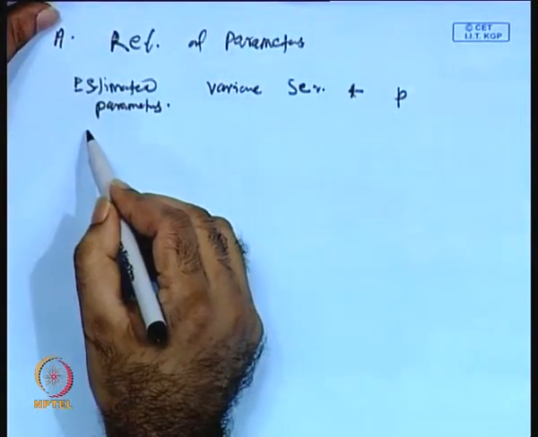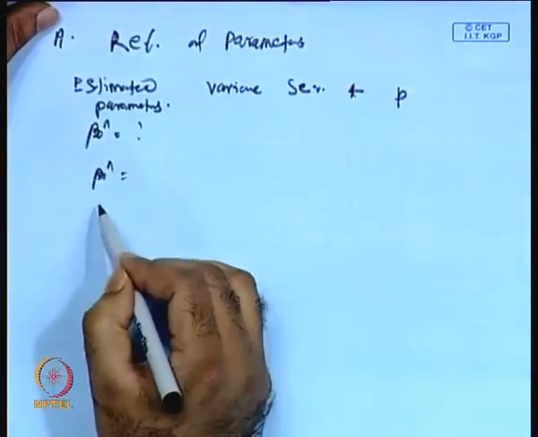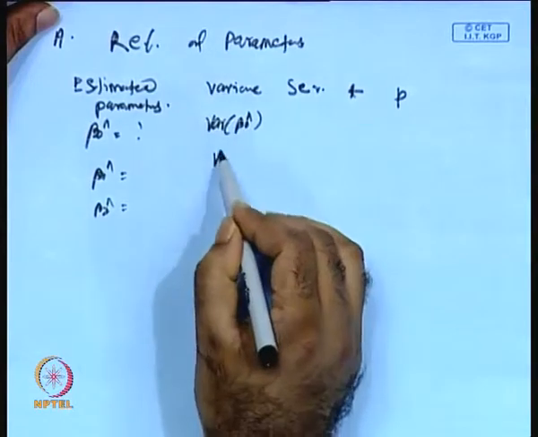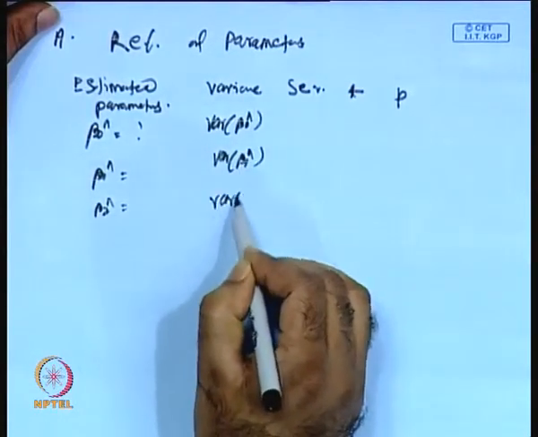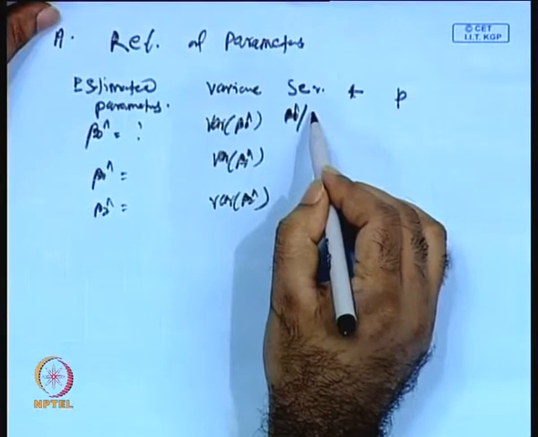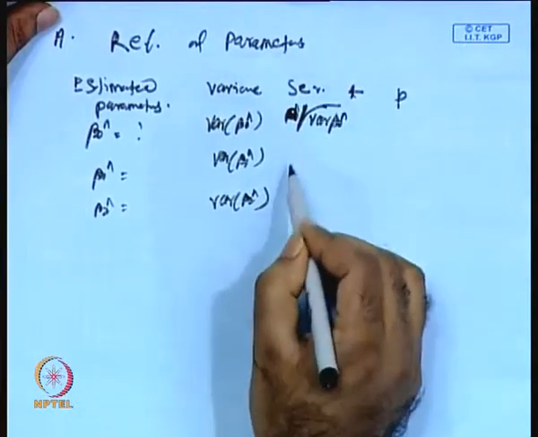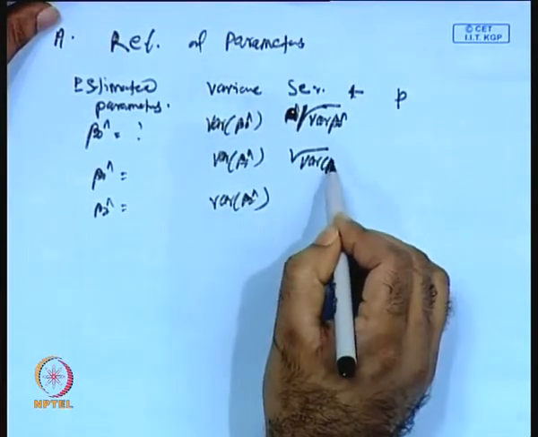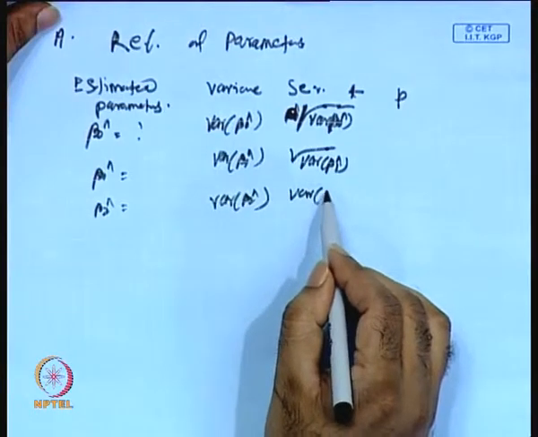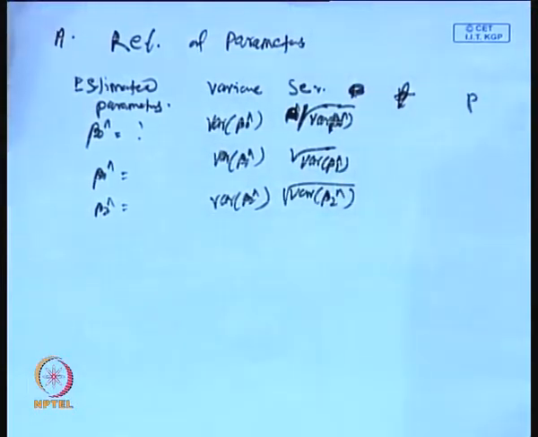So, estimated parameters we have to receive: beta 0 hat, then beta 1 hat, then beta 2 hat, with corresponding variance of beta 0 hat, variance of beta 1 hat, variance of beta 2 hat. Then the standard error is the square root of variance of beta 0 hat, then square root of variance of beta 1 hat, then of beta 2 hat. So, we will call it t here, then we will call it p here, all right.